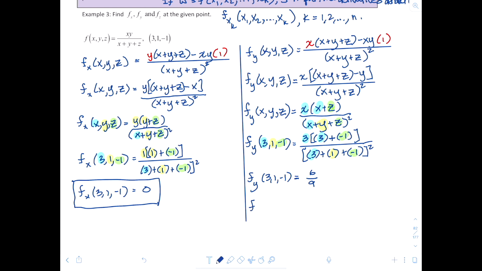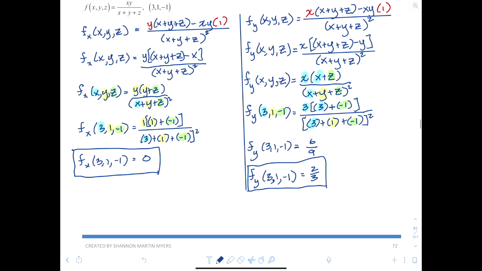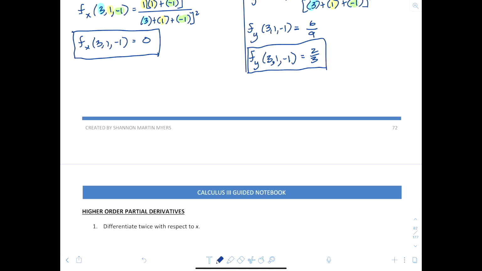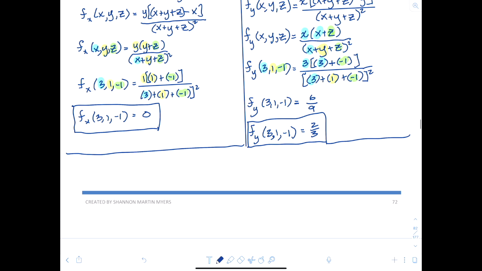So at the end of the day, the slope in the y direction at 3, 1, negative 1 will be 2/3. Cool, cool?